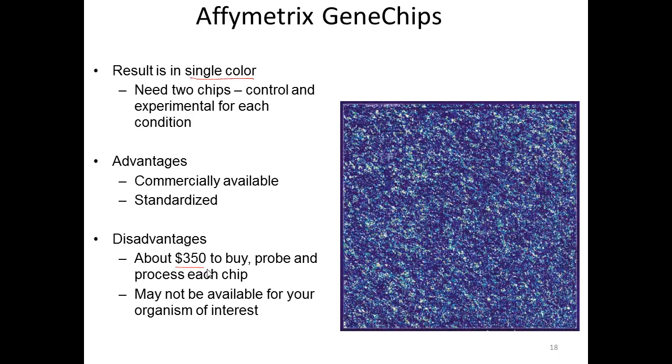The chips are pretty expensive, but not really when you consider all the labor involved to make the spotted microarrays, but you are limited to the organisms that Affymetrix, which I should have mentioned is a company that makes these, provides. The Affymetrix company makes chips for a large number of organisms, but perhaps not all. If you study an organism which they don't provide chips for, then you will have to make your own spotted microarray.